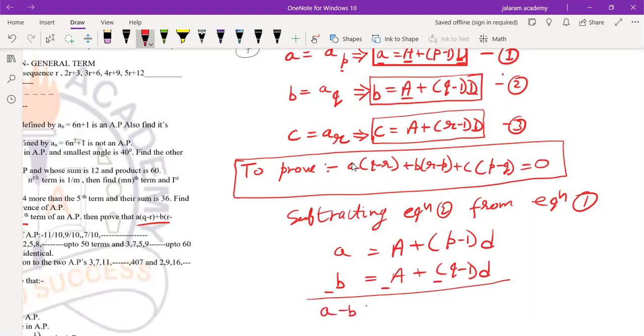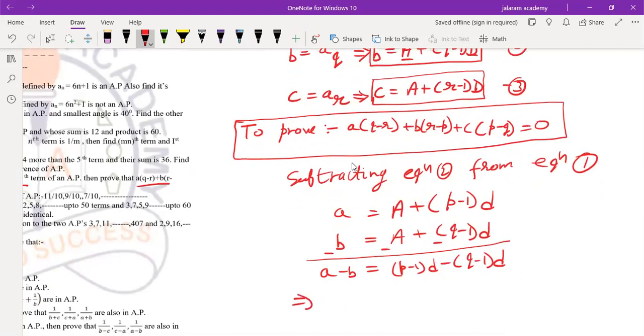So A minus B equals to A cancelled out. P minus 1 into D minus Q minus 1 into D. It implies A minus B equals to, if we take D common, P minus 1 minus, this will change the sign of this bracket, minus Q plus 1.